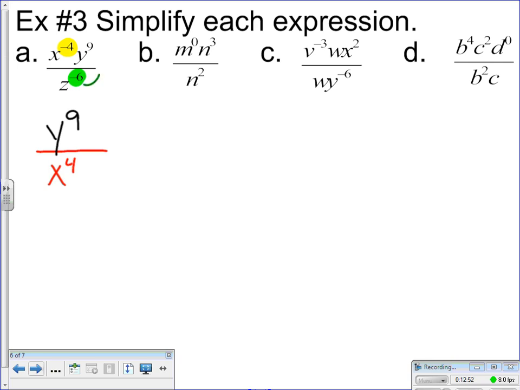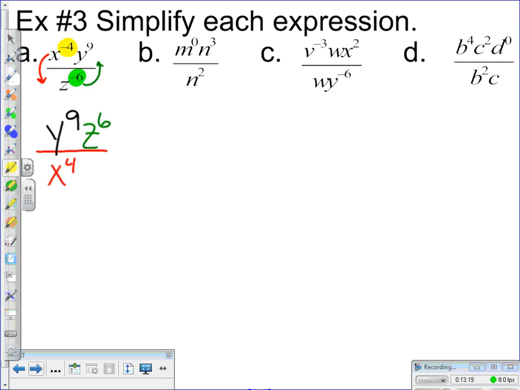So it has to come up just like x came down. So on the top, I'm going to have z to the 6th, right behind my y to the 9th. And that's all you can do to this problem, was to make the 2 negative exponents positive.